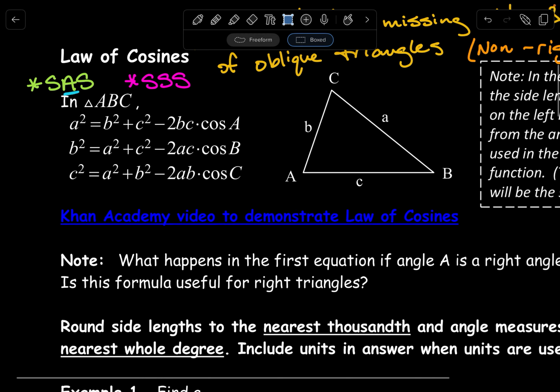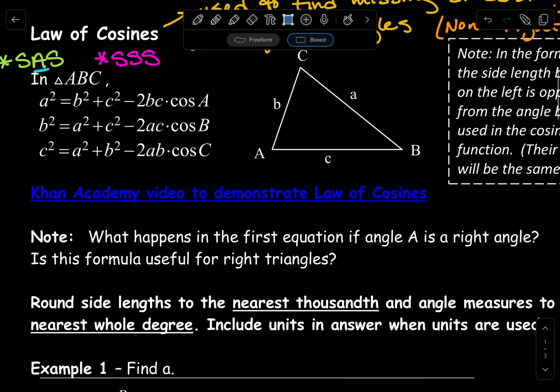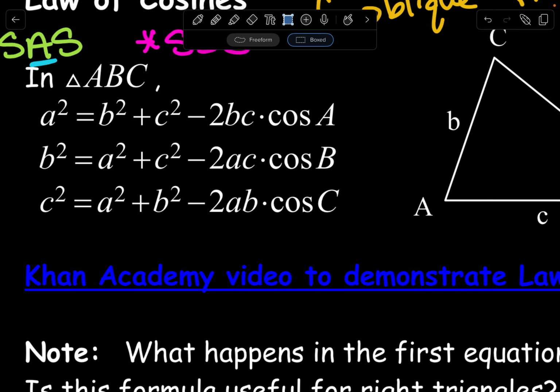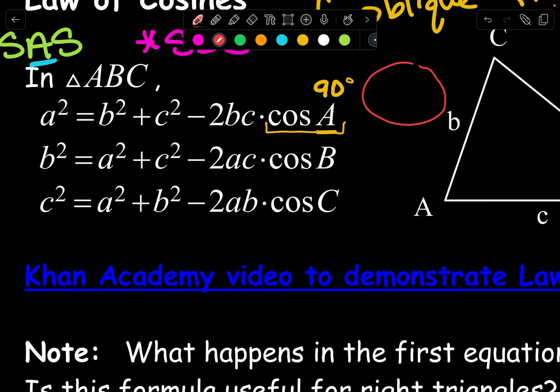The notes ask, what happens in the first equation if angle A is a right angle? Is this formula useful for right triangles? If angle A was a right angle, that means it would be 90 degrees. The cosine of 90, if you remember from your unit circle, over here at (0, 1), cosine equals x.